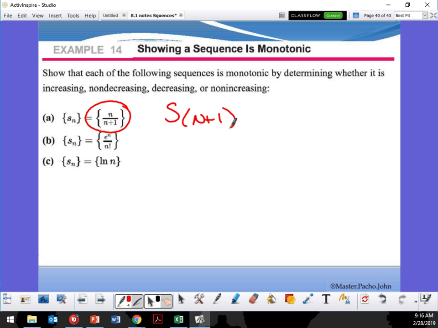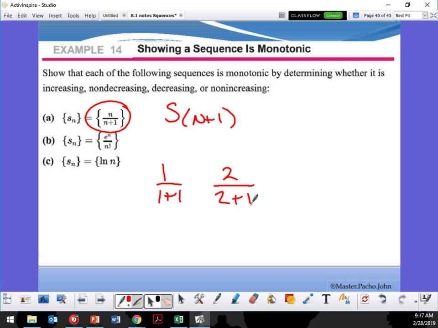Does that make a little bit better sense? Because whatever my terms are, let's say this is my first term, because these were my sequences here, my first term should be 1 over 1 plus 1, right? My second term should be 2 over 2 plus 1. Does that still hold true on what I had previously? That n plus 1, right?